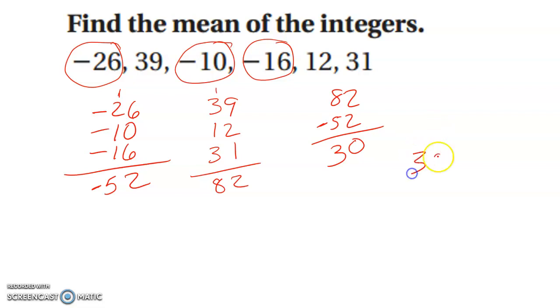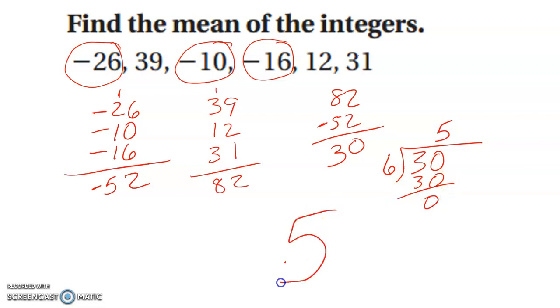So we got to go 30 divided by, and you count the numbers, 1, 2, 3, 4, 5, 6. So we divide that by 6. So 30 divided by 6 goes 5 times. So our mean is 5. All right.